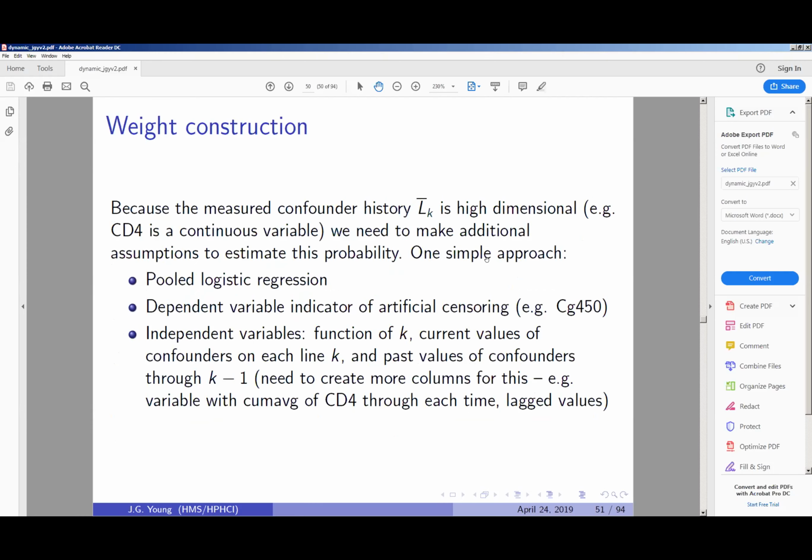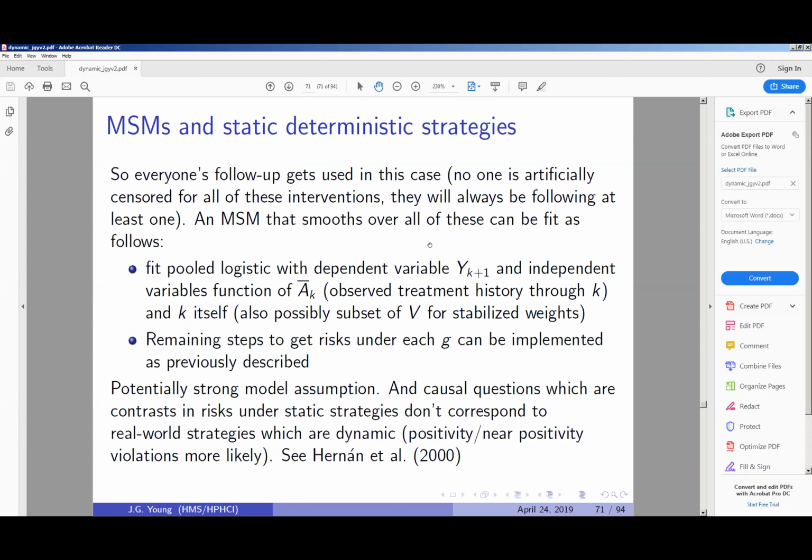Actually, in this case, let's think about an individual who started treatment right at time 5. That individual through time 4 is following the strategy start at time 5, 6, 7, 8, 9, 10, and so on.